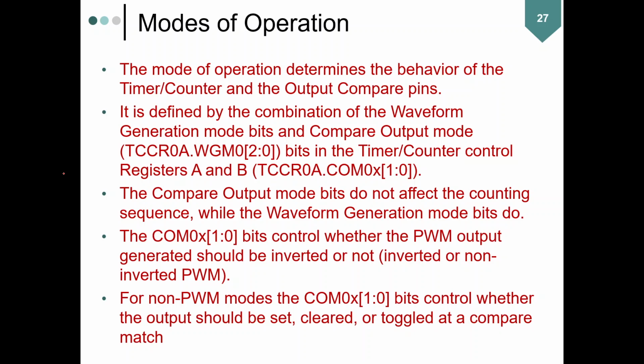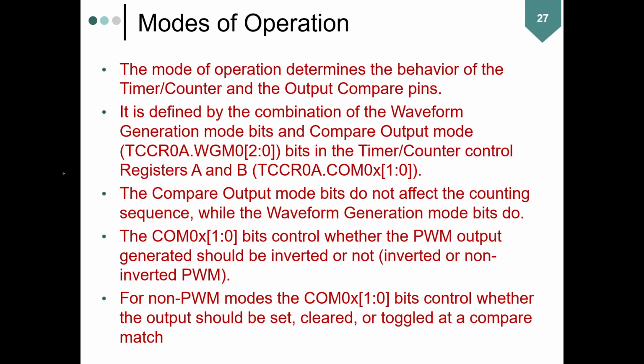The mode is defined by the combination of the waveform generation mode bits and the compare output mode bits in the timer counter control registers A and B. The compare output mode bits do not affect the counting sequence, while the waveform generation mode bits do. The COM0 bits control whether the PWM output generated should be inverted or non-inverted, in the fast PWM mode.